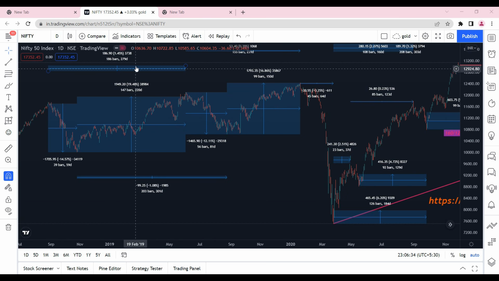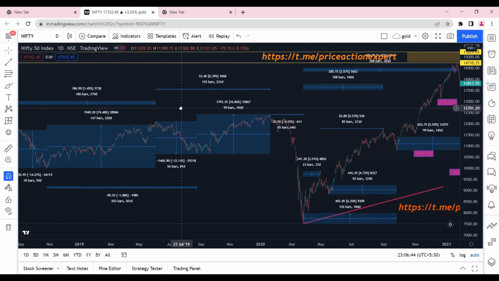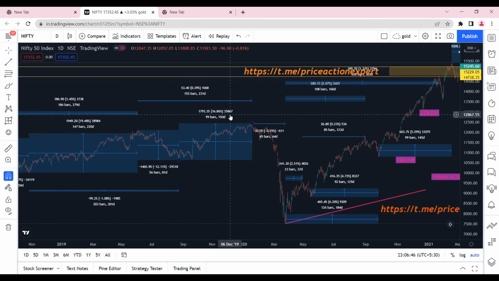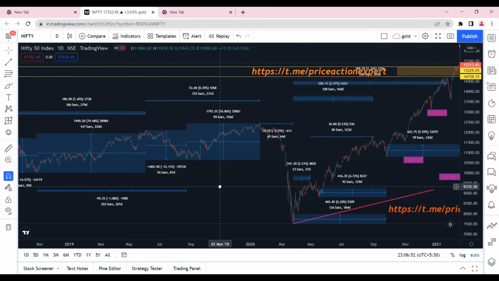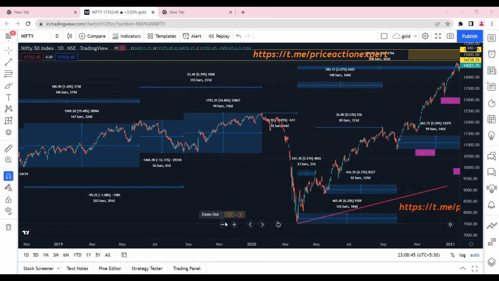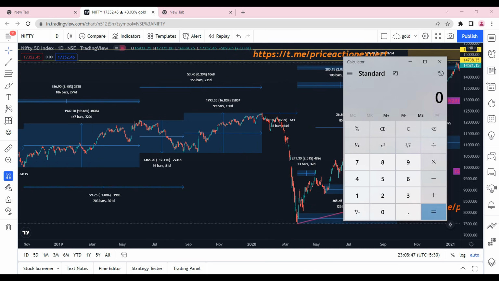So you can see that high to high is 279 days, and from this high to this high, from where the crash started, it is actually 231 days. So using these two numbers, I'm going to forecast the future markets. So let's see how this plays out. Now I'm going to take this 279 here and 231.